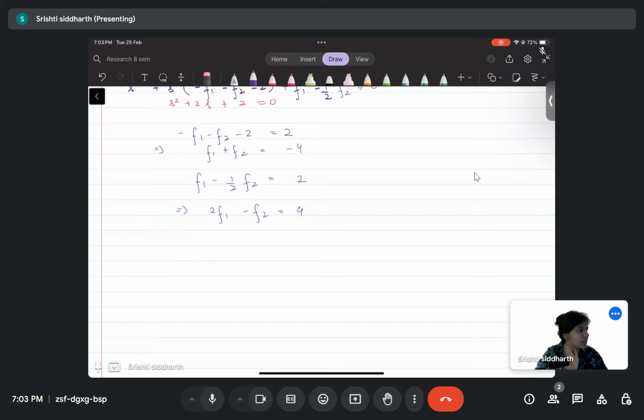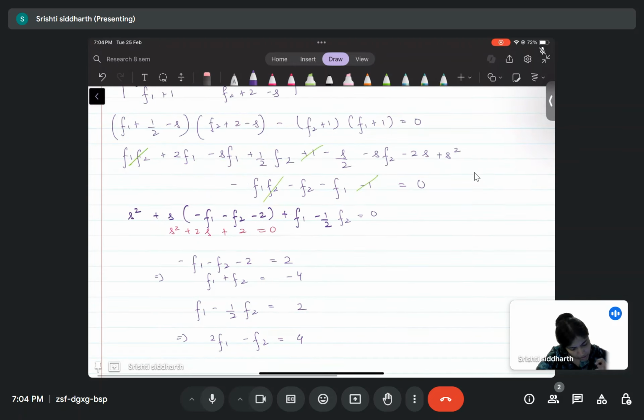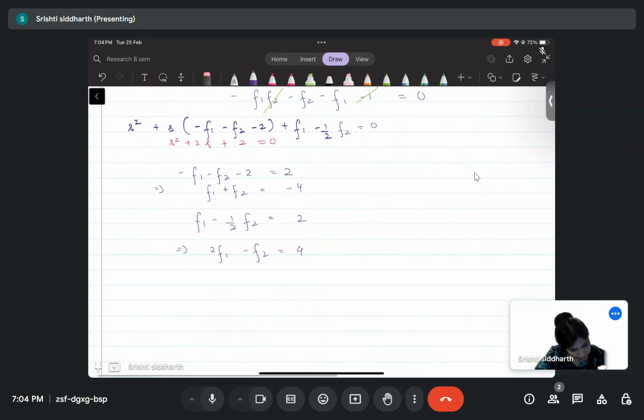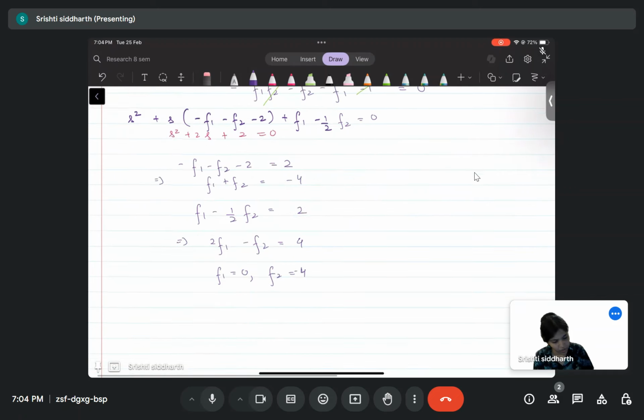So that f1 is 0. You can check the calculation. So f1 is 0 and f2 is minus 4. Okay.